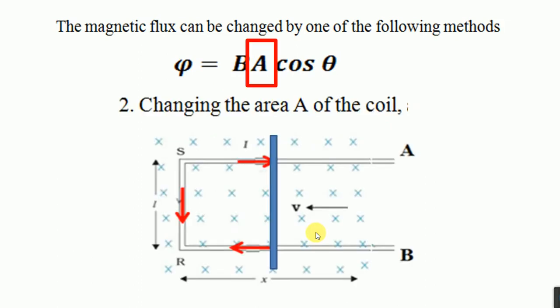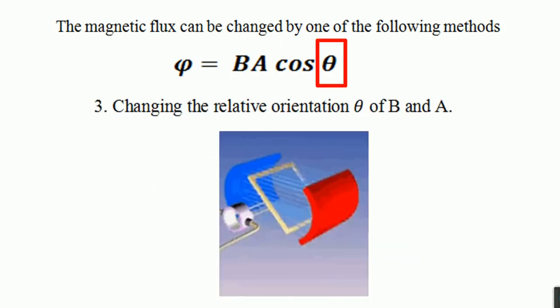Second, we can change the area. We can change the area by sliding one conductor over a U-shaped conductor in a magnetic field. And third, we can change the angle between the magnetic field and the area vector of the coil.